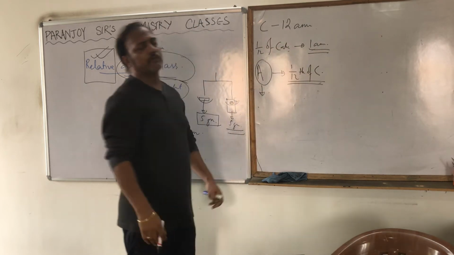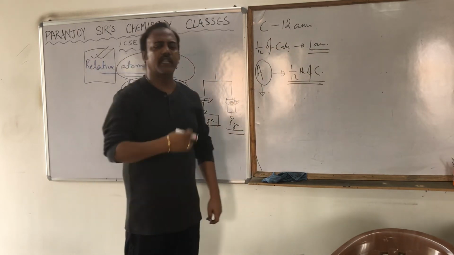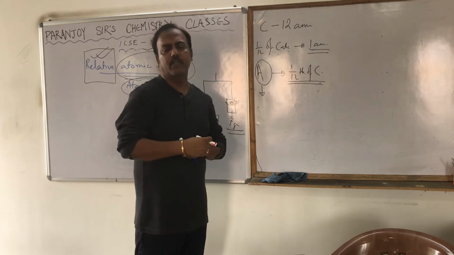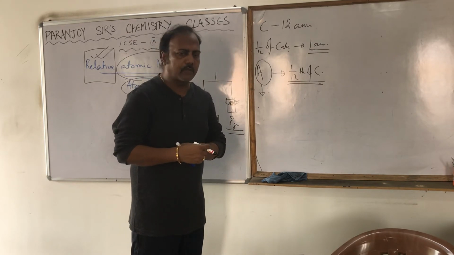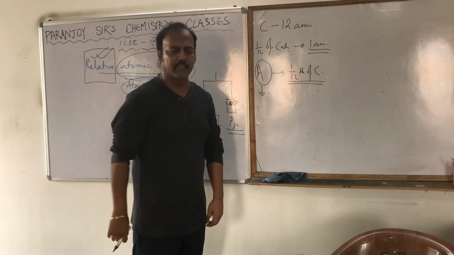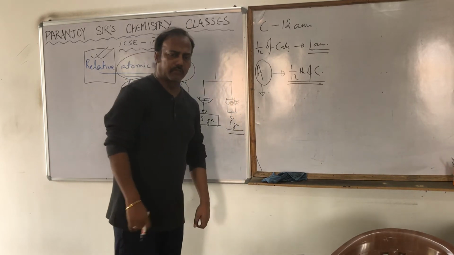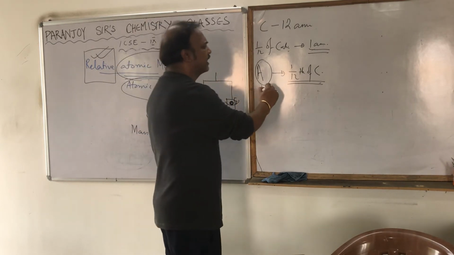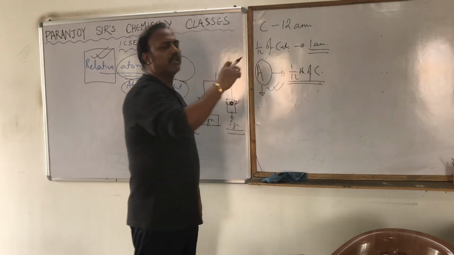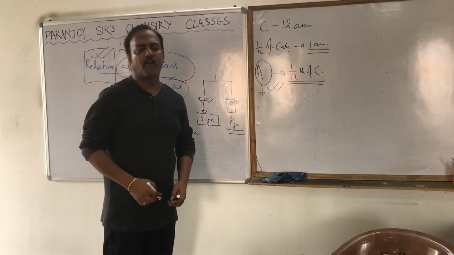So one particular atom is how much heavier than 1/12th of a carbon atom? That is the atomic mass of the atom. This is the final concept of atomic mass, and accordingly we found the atomic masses of all the atoms.